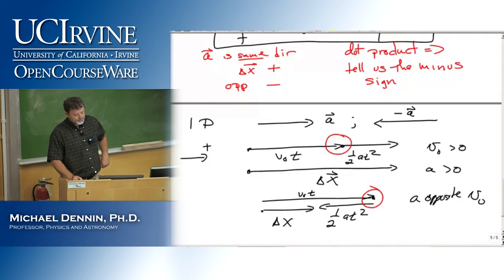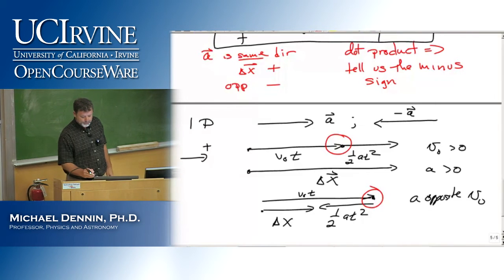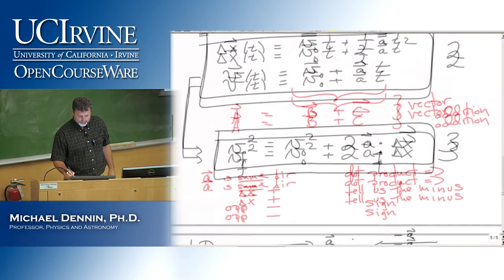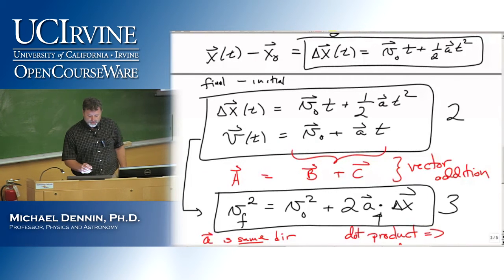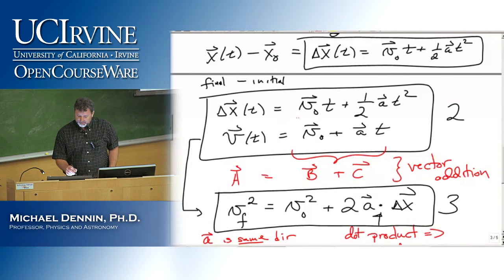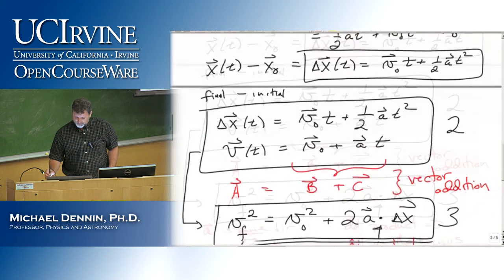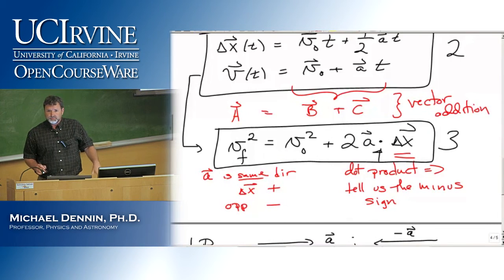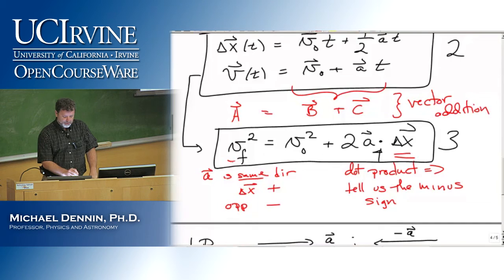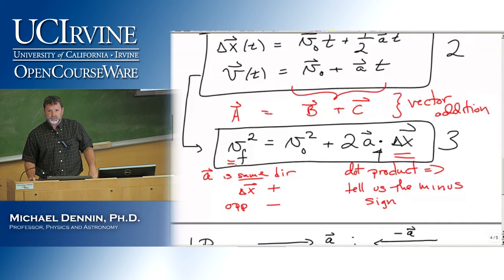Yes? In the previous equation, the displacement vector, is that supposed to be the actual equation for displacement, or is that... This is the displacement vector, delta x. So that's an actual value, not an equation. At whatever time you're considering your final time where you want to find that velocity.